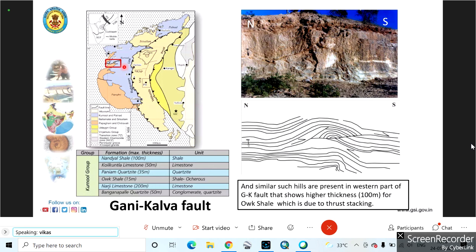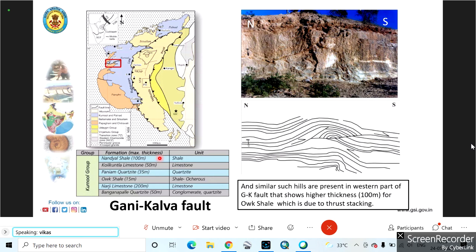So in this Kurnool sub-basin, you notice I have given the stratigraphy: Banaganapalli, Narji, Oak Shale. You notice the Oak Shale thickness is 15 meter, whereas the others are Banaganapalli 50 meter, 200 meter, 35 meter, 50 meter, and 100 meter Nandyal Shale. All are near about 50 to 100 meter thicknesses, and Oak Shale is a very thin bed, 15 meter.